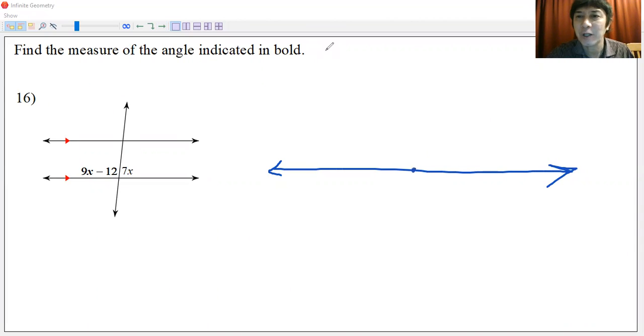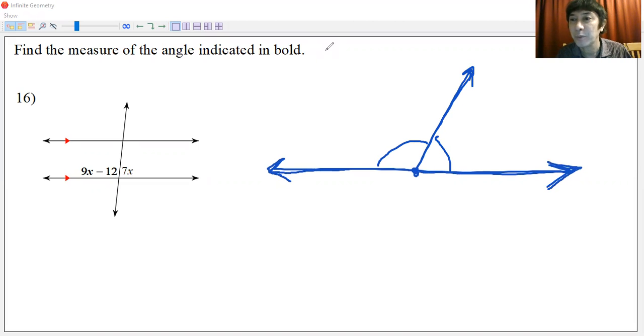But this is an adjacent angle pair: two angles sharing a common side and a common vertex with no overlapping interior points. The two rays form oppositely directed rays, forming a straight line.